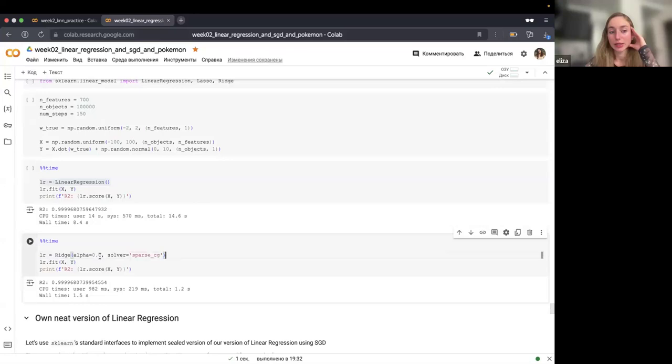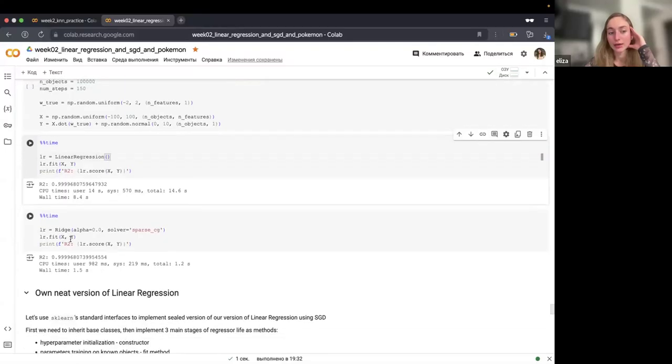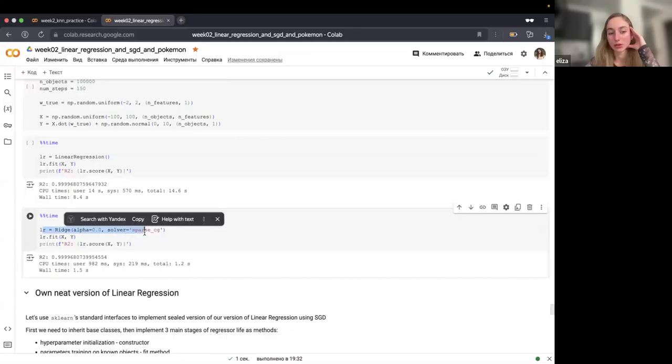And if we talk about methods for getting a solution in linear regression realization, you can use the analytical solution, or you can use different iterative methods.